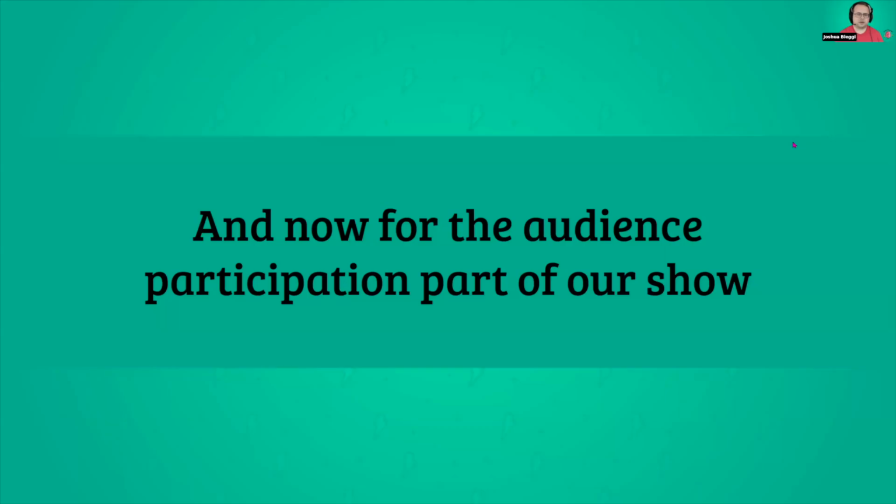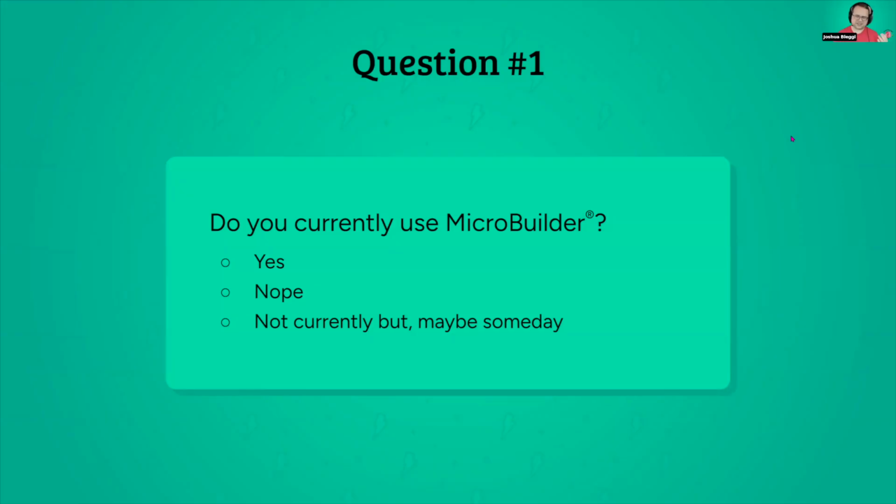Now we're going to have some audience participation here to get us started, get everybody thinking. First question, just very quickly here. Do you currently use MicroBuilder? Yes, nope, or not currently, but maybe someday are your three choices. We'll give that a little bit to answer. Casey's in the background here helping me with those poll questions.